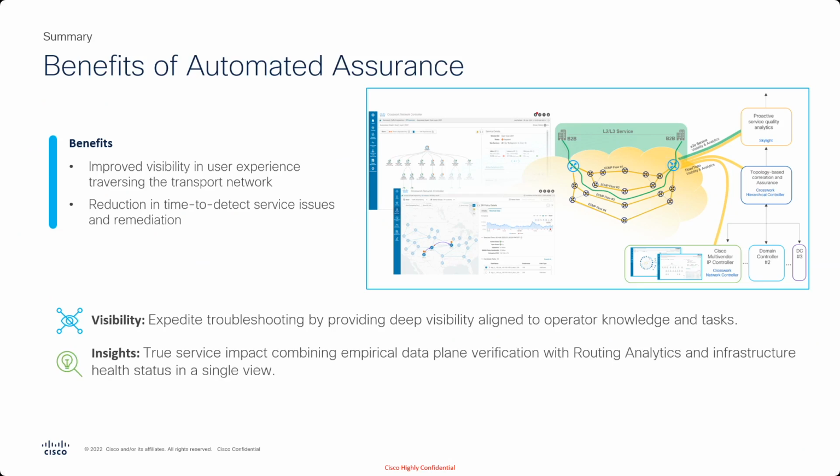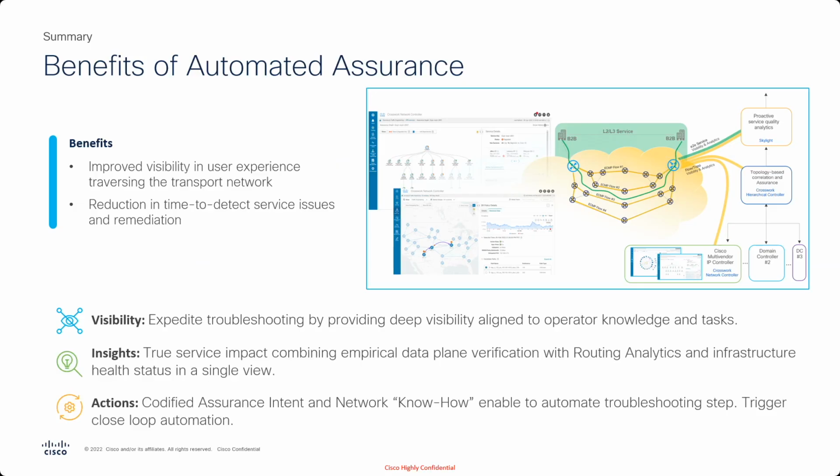We can provide true service impact. Again, we monitor the service and the components that are part of that service. We are not monitoring everything, right? That gives true service impact, also through leveraging the results of probing information. And by codifying the know-how that we have in troubleshooting, we can automate some of the troubleshooting steps.